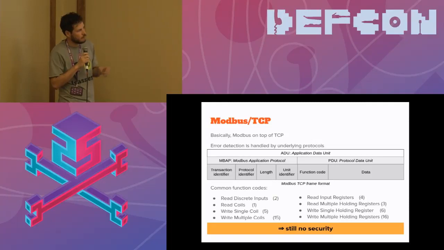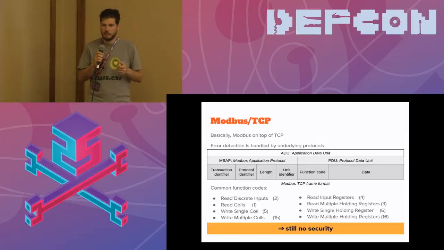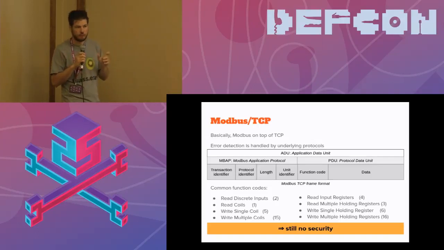And a Modbus TCP frame format also has the PDU, so the function code and the data, and a transaction identifier, that's, let's say, a random number that is used to make sure that the request and the response match. A protocol identifier, which usually has the value 0, not really useful, the length of the packet, and the unit identifier. Most of the time, the unit identifier is set to 1 because we already have the IP address to identify which PLC we talk to, so we do not need to use this field.